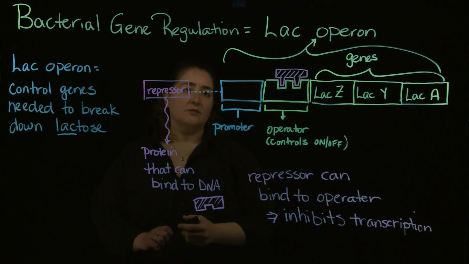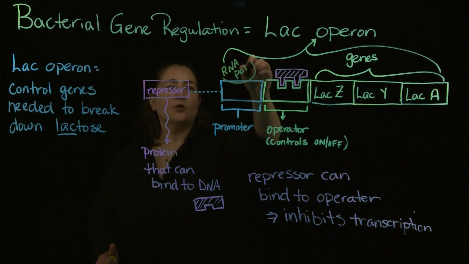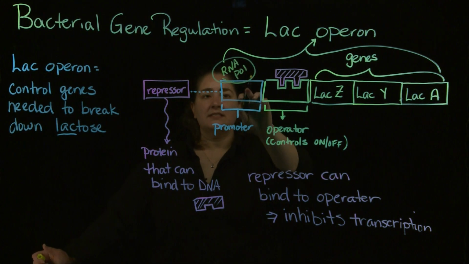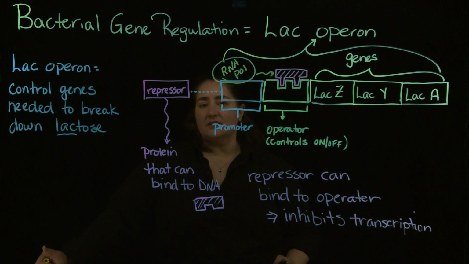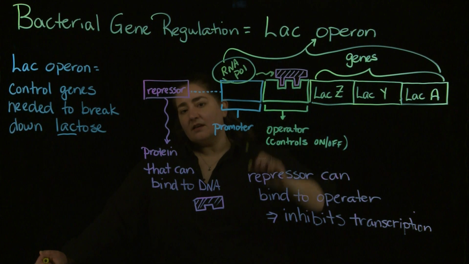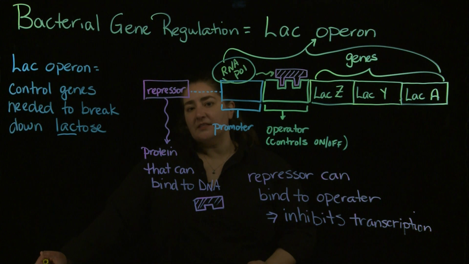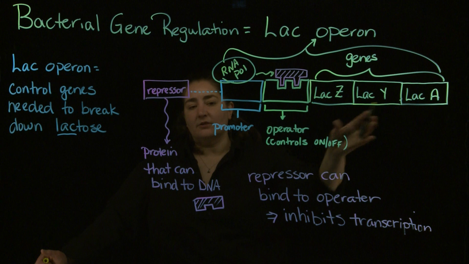Because what happens, our RNA polymerase would come sit down on that promoter, it's going to start scanning looking for genes, but if it hits that repressor protein, that's going to knock the RNA polymerase off of the DNA. You aren't going to get the genes synthesized, okay?